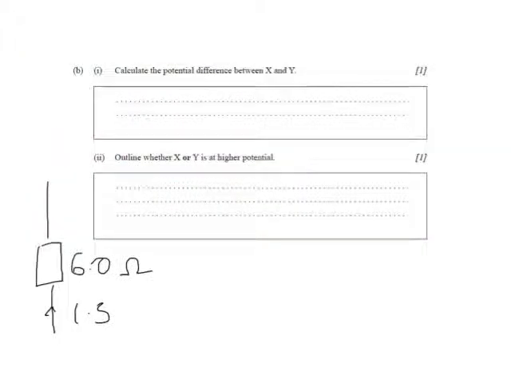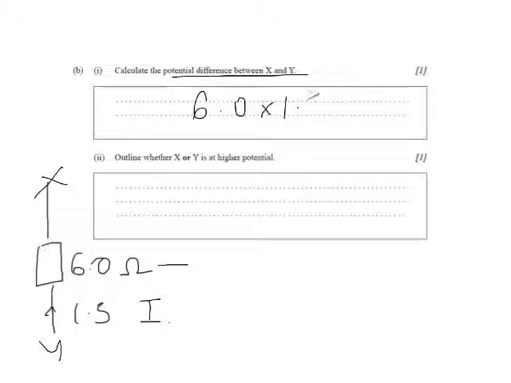Now this one is relatively easy in comparison. We have calculate the potential difference between X and Y. Here's a reminder, X and Y. You have a 6 ohm resistor and the current going through it is 1.5. So it's 6 times 1.5. Why?